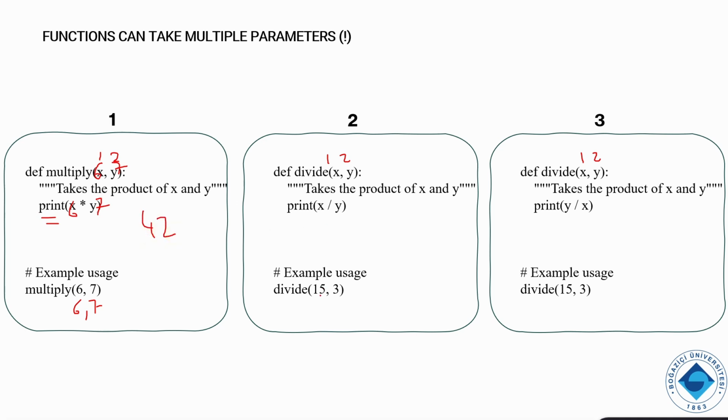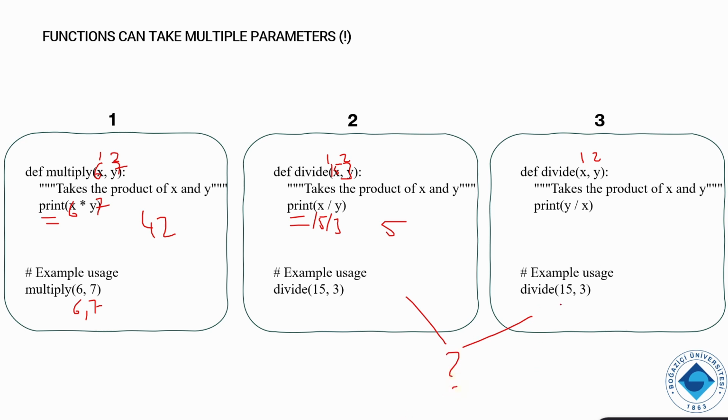And if I send 15 and 3 values here, it will print 5. And be careful here. The question is, what are we supposed to see in this function and why? Why are these two functions' results not the same?